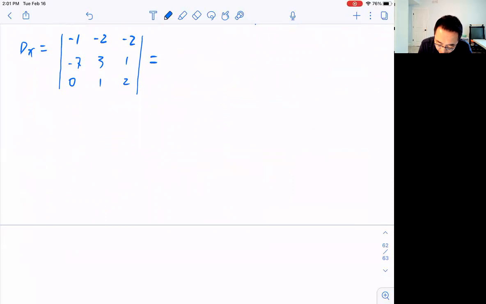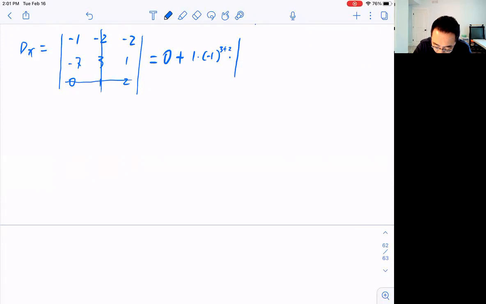So the first term is just 0 because 0 times its cofactor, plus 1 times -1 raised to the third row and second column times its minor. So that is when you get rid of the row and column right here.